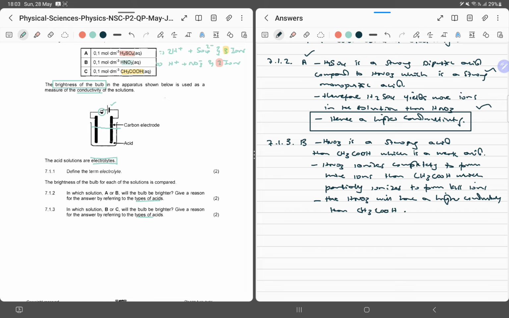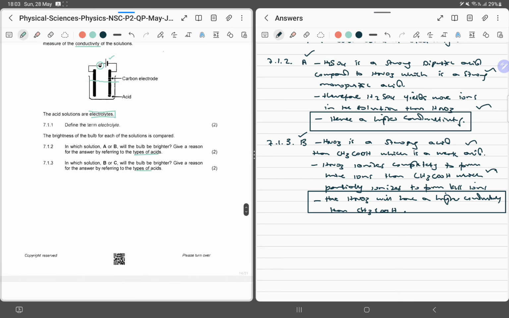I think that is the best argument I can put forward here. Again, choosing B is important, and then of course half a mark mentioning their strengths and their ability to ionize is another half a mark. The final one is just a conclusion that you must always have, even though you may not necessarily get marks for it, but it has to be some sort of a logical answer to the big situation. Okay, let's move.